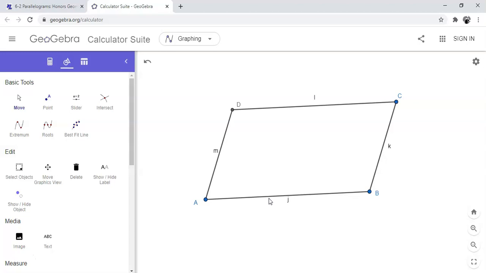I want you to pause the video here and do that. Find what is true about this parallelogram on your own. And once you try to get 3 things, then you can come back and watch the rest.